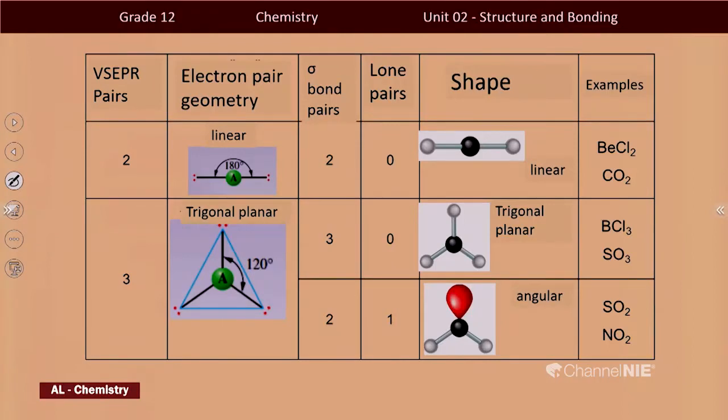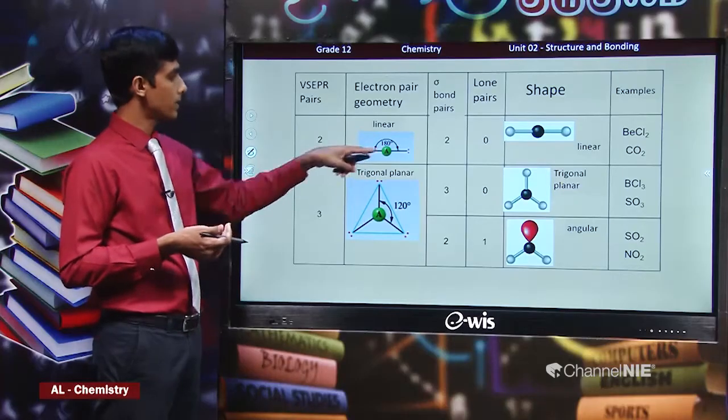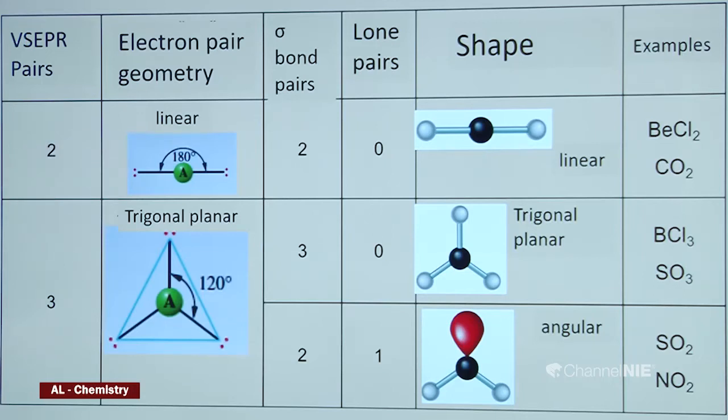Therefore, when you have two VSEPR pairs and both are bonding pairs, the shape as well as the electron pair geometry will be the same. When you have three VSEPR pairs around a particular atom, we know that arrangement is trigonal planar.